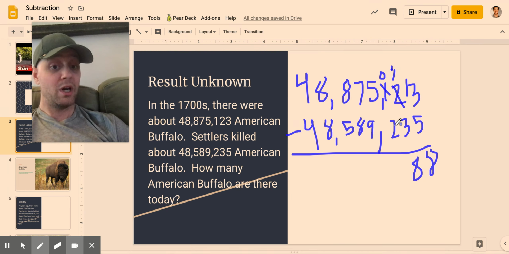So now 10 minus 2 is 8, comma. 4,000s minus 9,000. You start to see the pattern here.